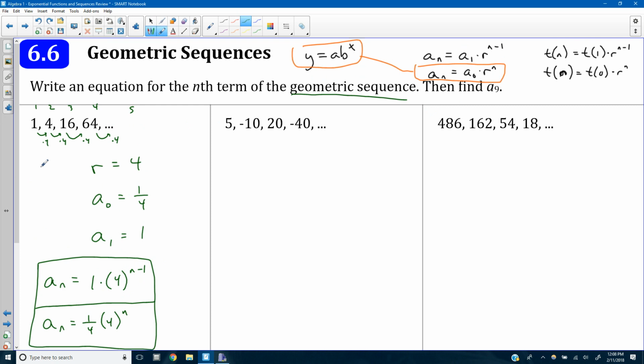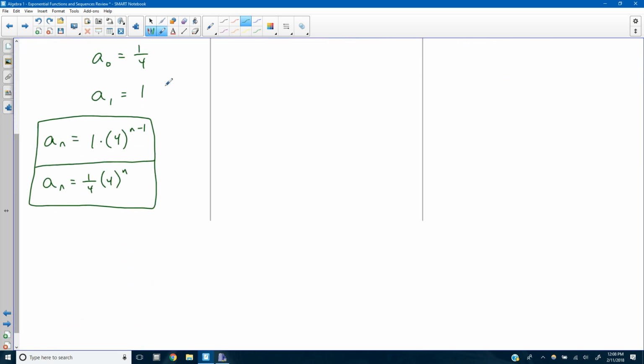Now we've got to find a sub 9. Let's use both equations here and see that they give you the same answer. A sub 9 in this first equation, I'll start from 1, and I'll multiply by 4. I'm not going to multiply by 4 9 times, though. I'm going to multiply 9 minus 1 times. I'm trying to find the value of the 9th term, and I'm starting from the first term.